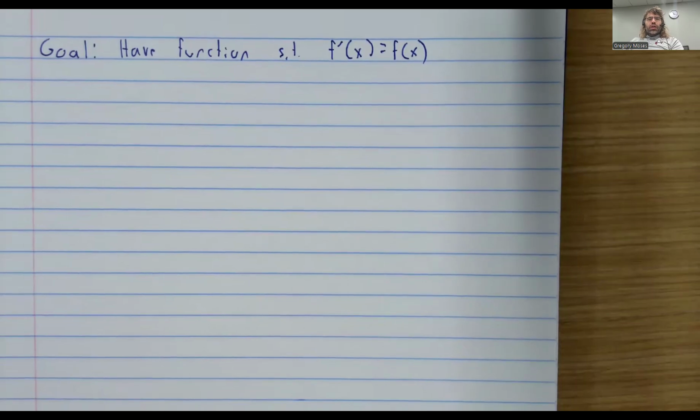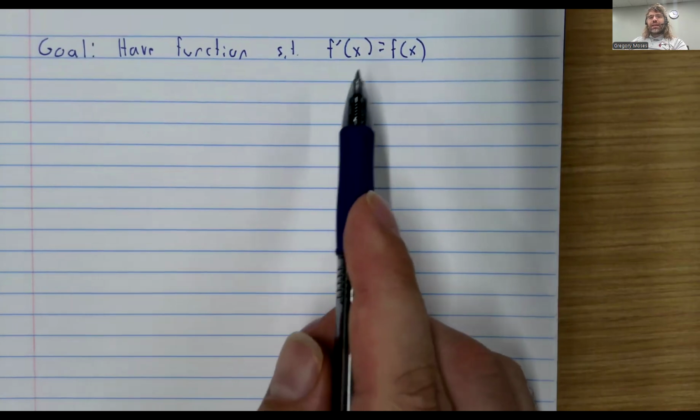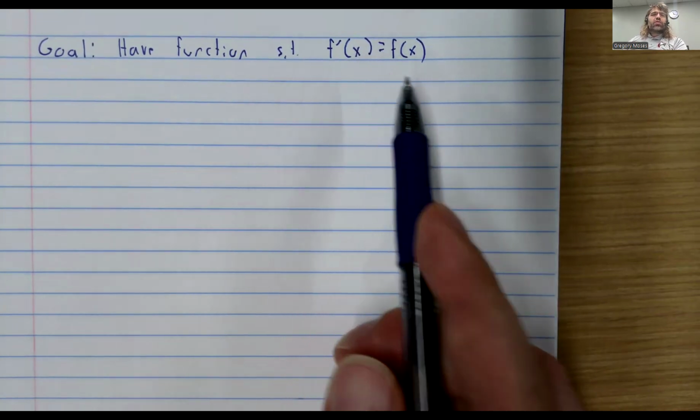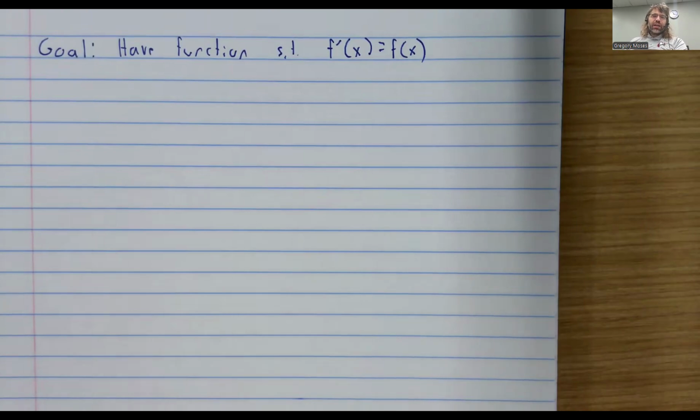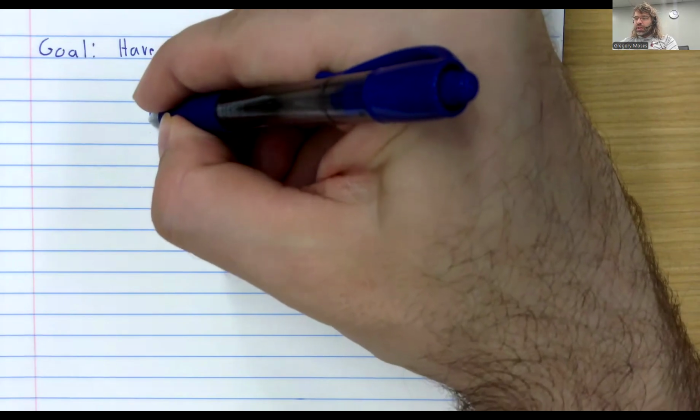And for the moment, you're just going to have to accept that this goal is worthwhile and that there are reasons we would want such a function. Well, it turns out that exponential functions can have this property, or rather, it turns out that one exponential function has this property.